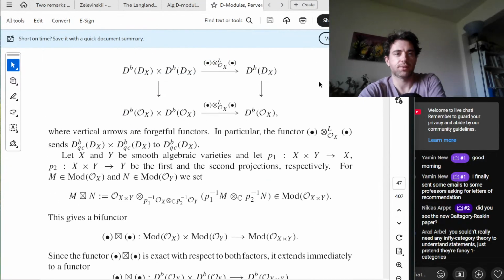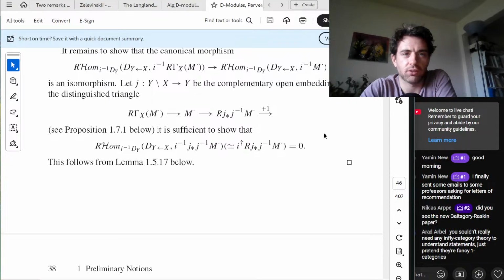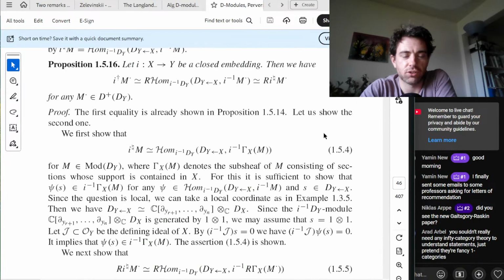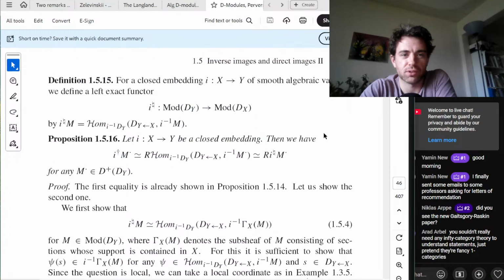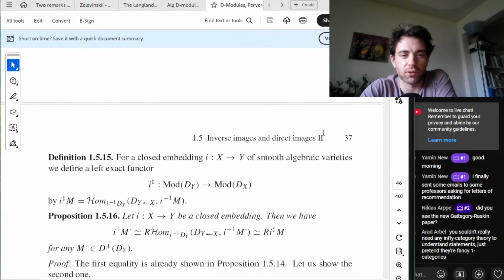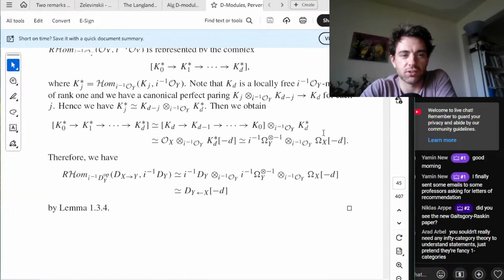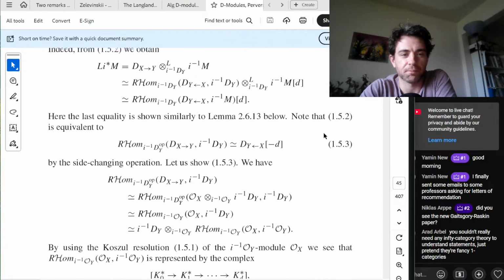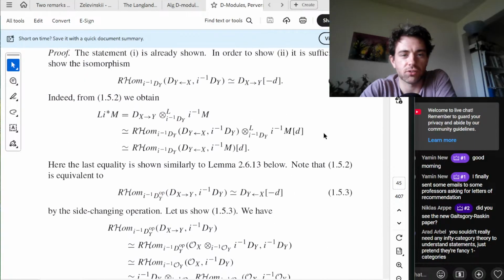Mind you, I'm hoping that somewhere in this book there will be a nice formula for this case of pulling back to a point, but so far it does not appear to me as if that's the case. I thought it would be, though, because there's a lot of nice formulas for closed embeddings. Okay, but it does look like there's something of a recipe for how to build this.